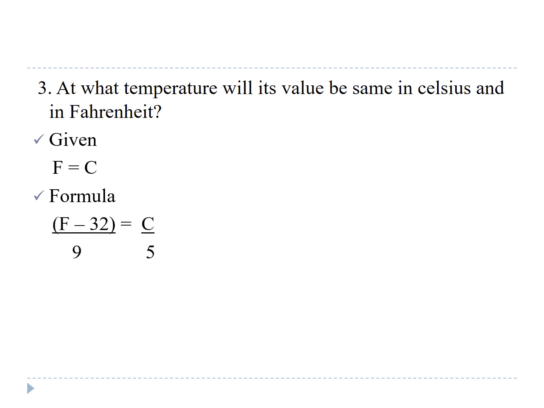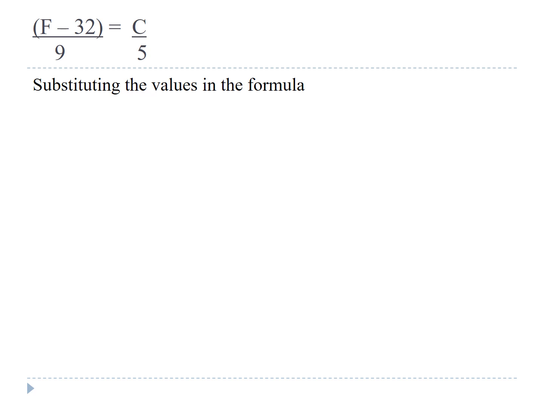You're going to use the same formula again: (F minus 32) divided by 9 is equal to C upon 5. Okay, so this we will take forward. That is the formula. We are going to substitute the values.